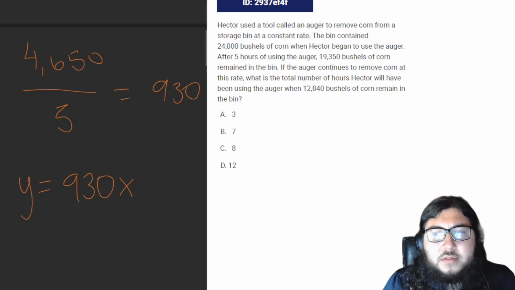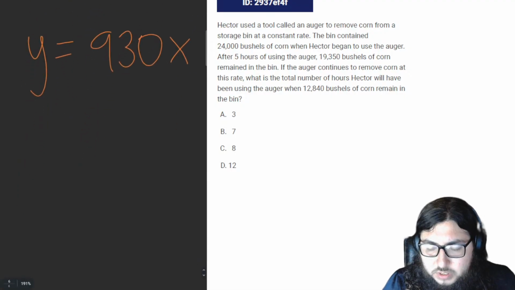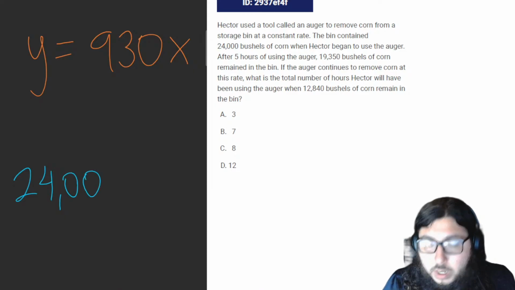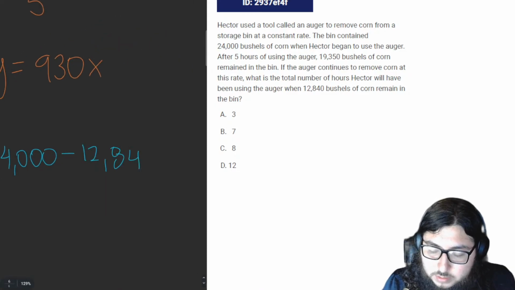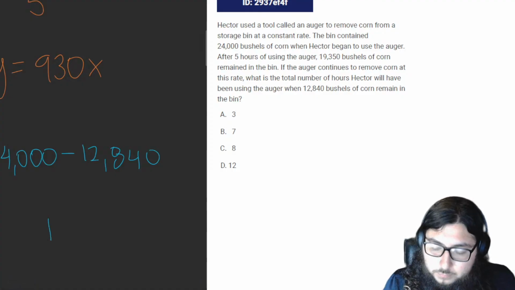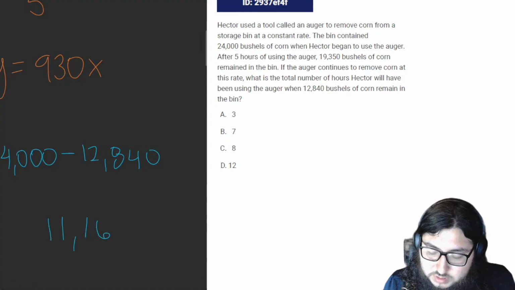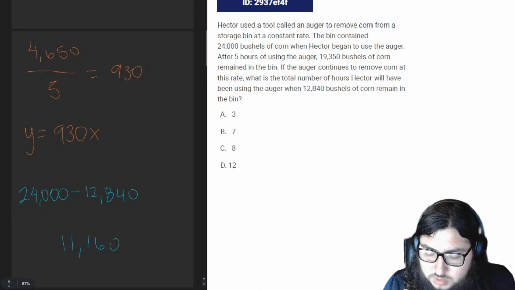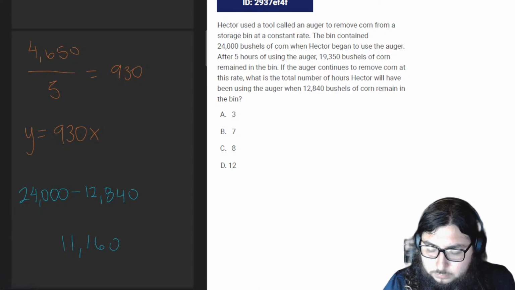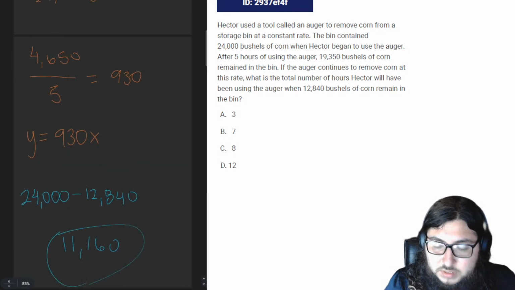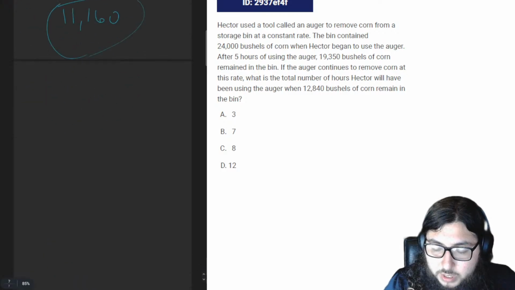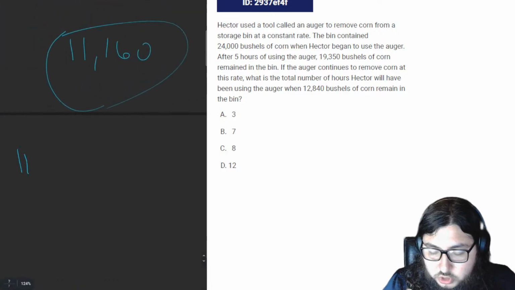So when 12,840 remains, to get something that works in this function, we'll subtract 24,000 minus 12,840. That means that he's harvested 11,160 bushels of corn.